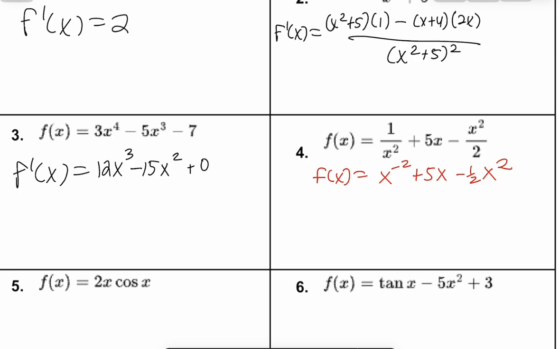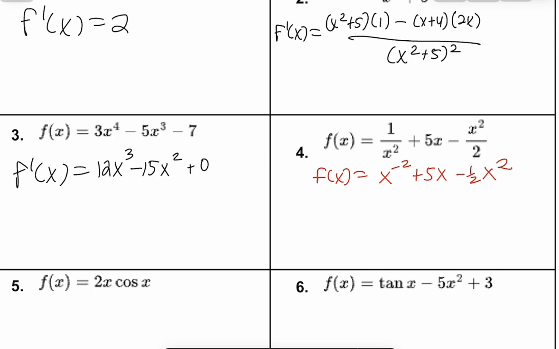Now remember, in question number 2, our fraction wasn't a rewritable fraction. But in question 4, this 1 over x squared is rewritable as x to the negative 2. This x squared over 2 is rewritable because you can just put that coefficient as a negative 1/2 in front. So then you're not trying to do some kind of quotient rule for that because it's not necessary. Okay, does everybody see the rewrite and how it's useful for us now to do the derivative?